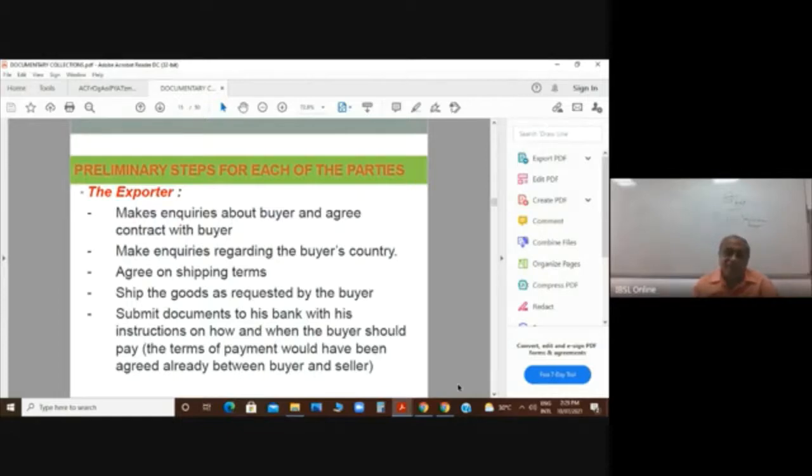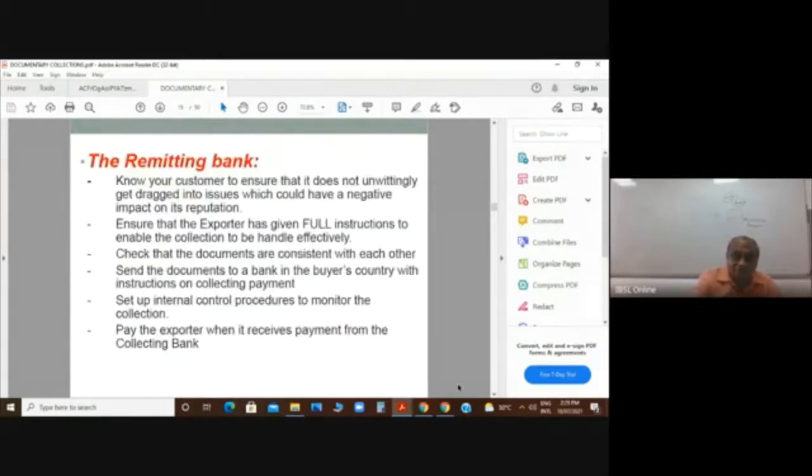Ship the goods as requested by the buyer. Submit the documents to his bank with its instructions on how and when the buyer should pay. That is the terms of payment. With the payment terms, you have to submit the documents to your bank, the remitting bank.